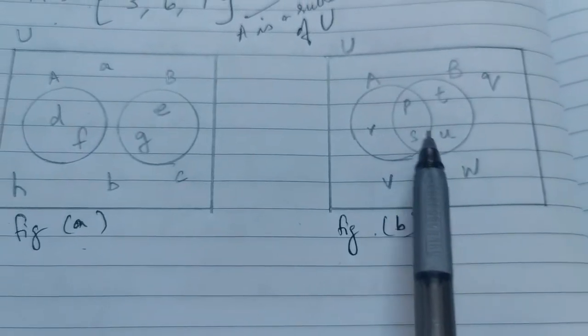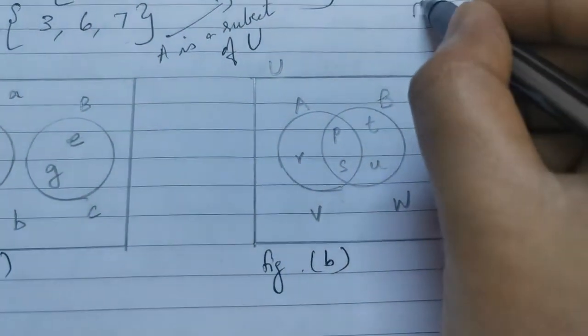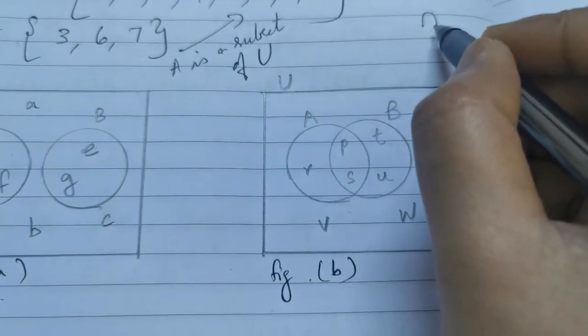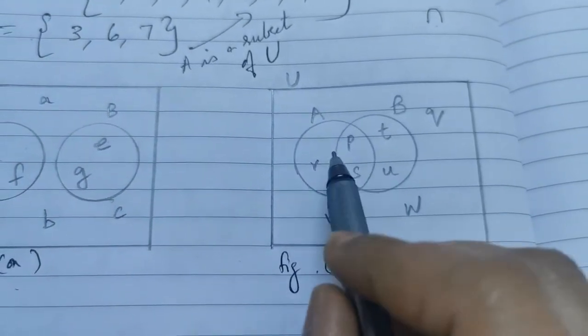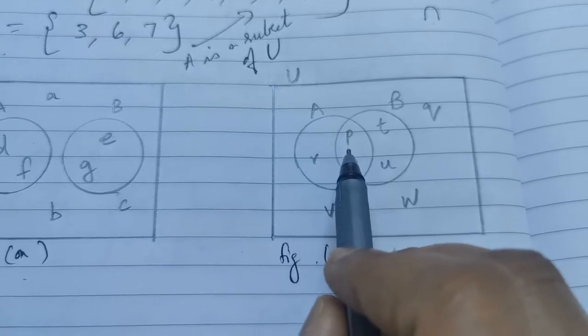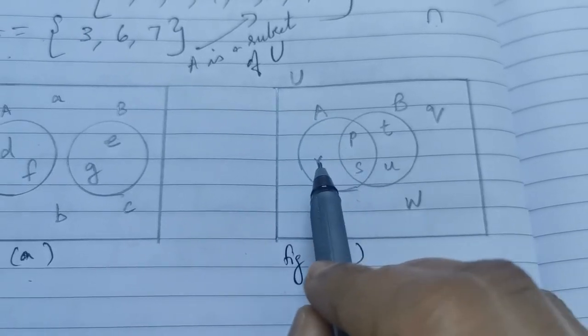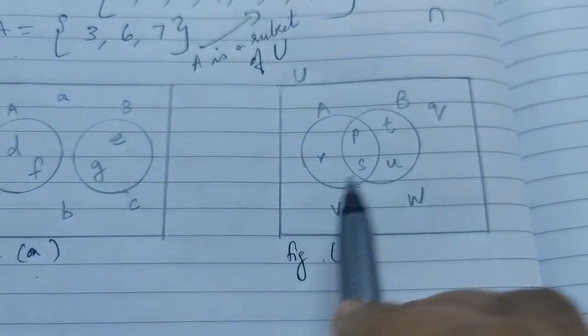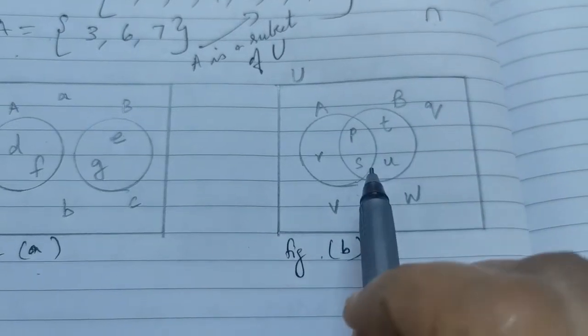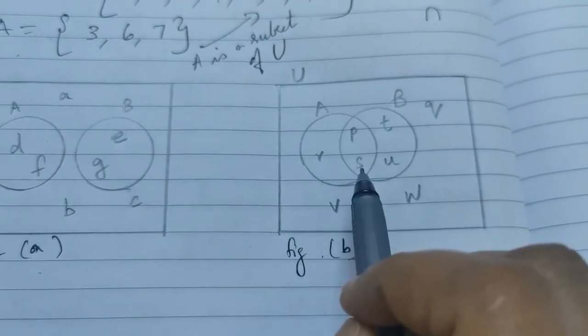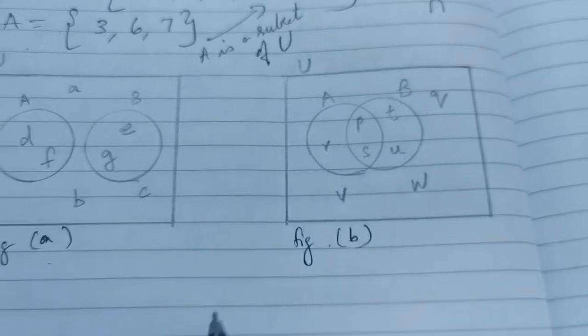We learned that this symbol means intersection. Intersection means we will check what is common. In set A, you have P, R and S. And in set B, you have P, S, T, U.